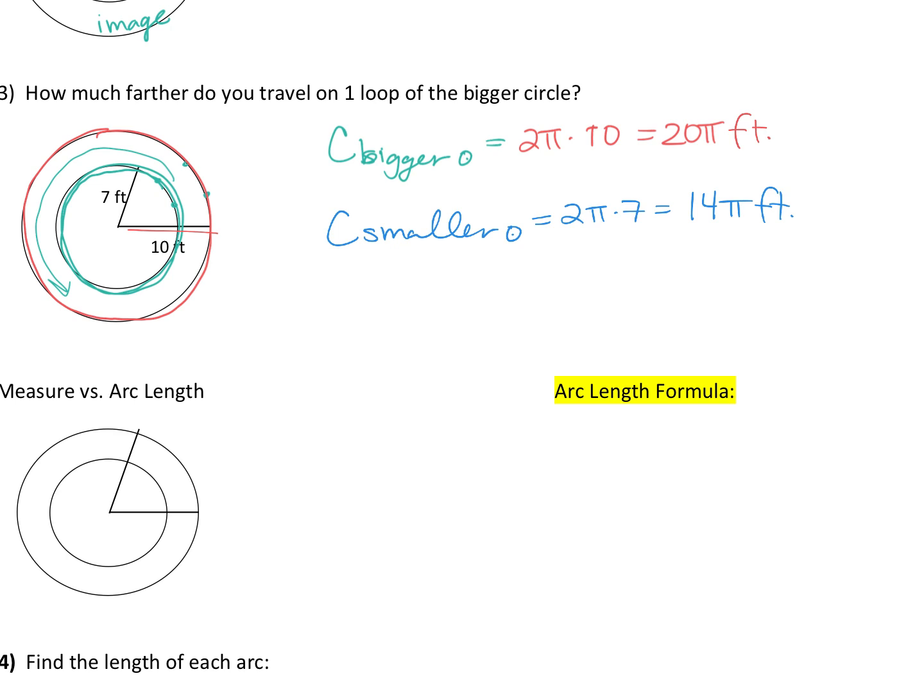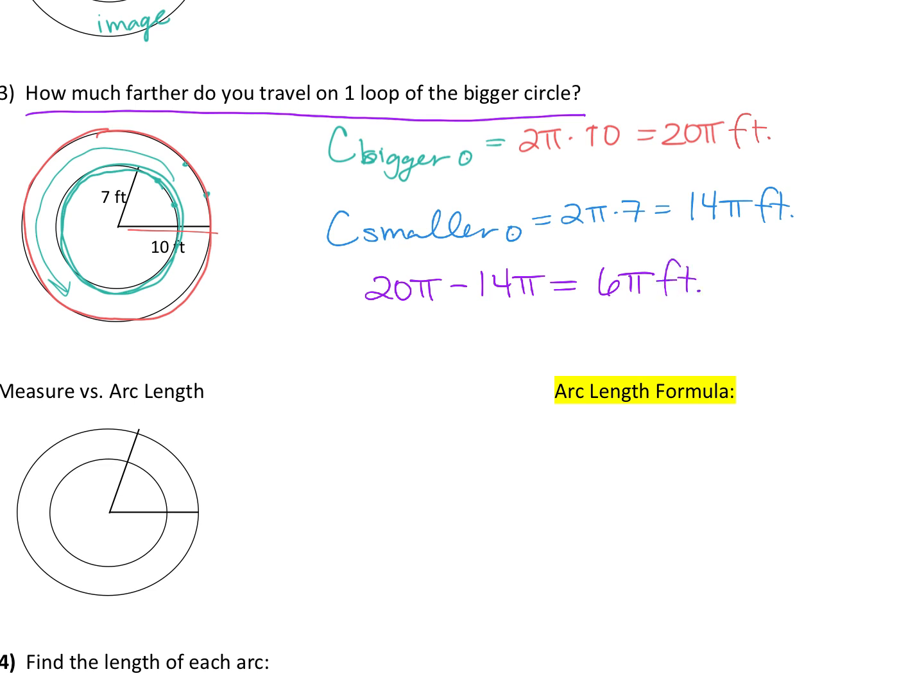How much farther do you travel on one loop of the bigger circle? 20 pi minus 14 pi, which is 6 pi.